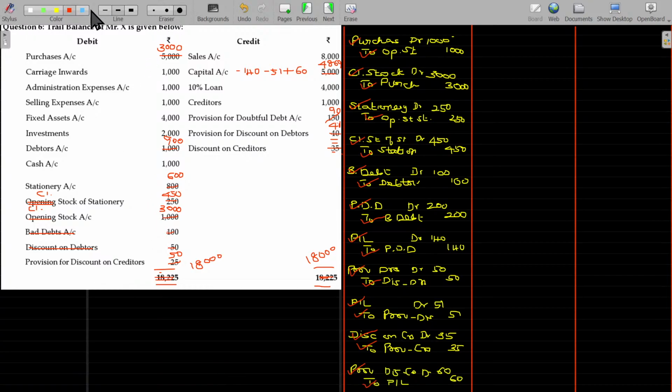Now, for what we have to pass the transfer entry. Those nominal accounts will be routed through transfer entry. For all the real and personal accounts will be directly written in the balance sheet. Right. Let's see here. Trading and P&L account, and then balance sheet.